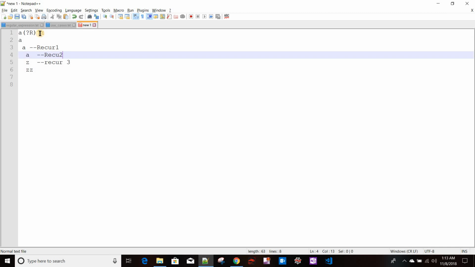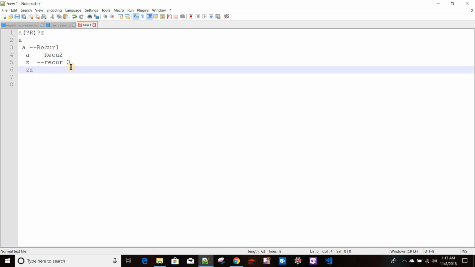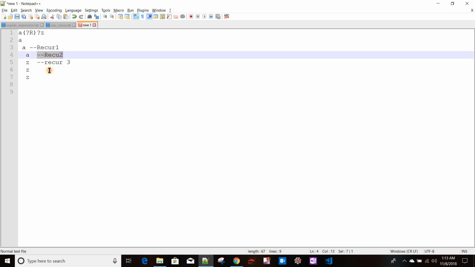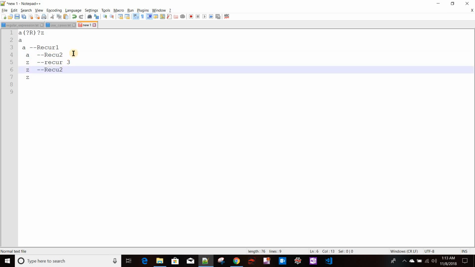In 2, only the Z part is left, because it already matched the earlier part, so it will match Z in recursion 2.